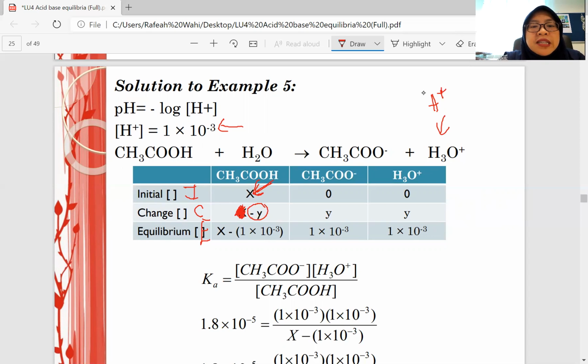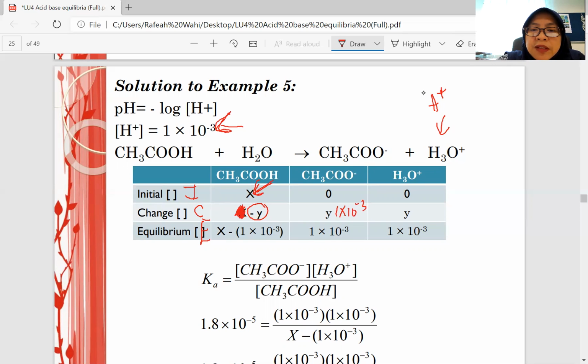And we do know that there is a change in concentration. In this case, we put it as negative Y, but of course we already know what negative Y is because we already calculated the H plus ion concentration. So H plus ion concentration is 1 times 10 to the power negative 3.